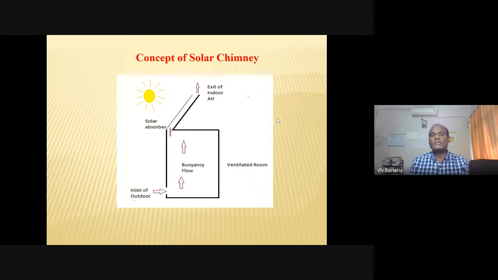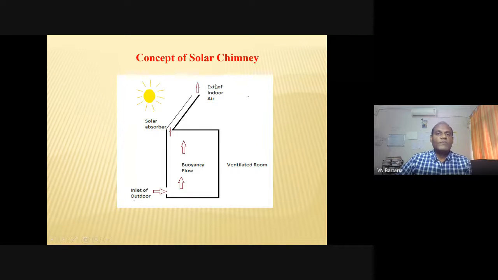A solar chimney is a structure, like a duct or a tube or a rectangular passage, which has an absorber plate and a transparent sheet. Through that transparent sheet, solar energy enters the solar chimney, and the absorbed energy is used for driving the air, and this flow of air provides ventilation in a room.